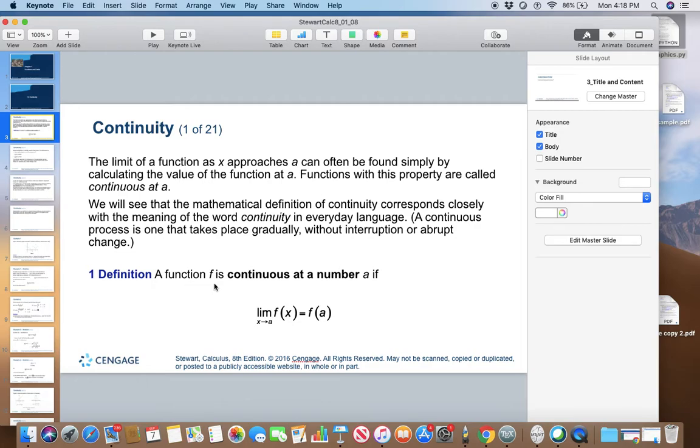A function f is continuous at a number a if the limit as x approaches a of f(x) is f(a). That is, this limit must exist and it must be equal to the value at a. Let us see how this actually makes sense.